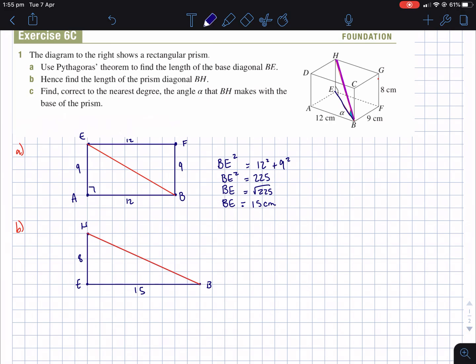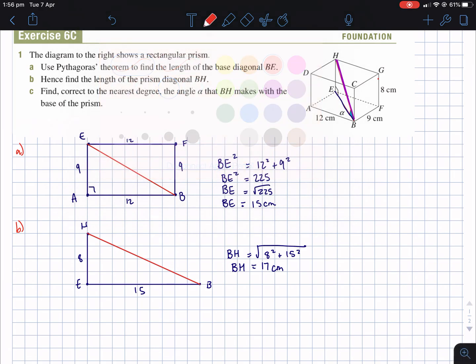Again, it's the hypotenuse, so BH equals the square root of 8 squared plus 15 squared. 8 squared plus 15 squared is 289, so the square root of that is 17.